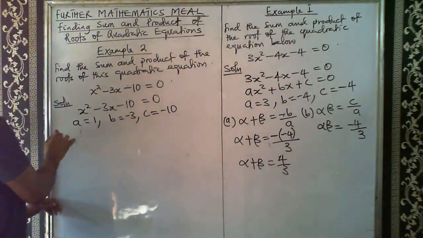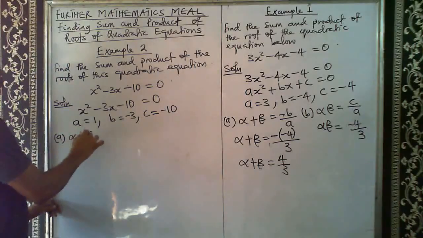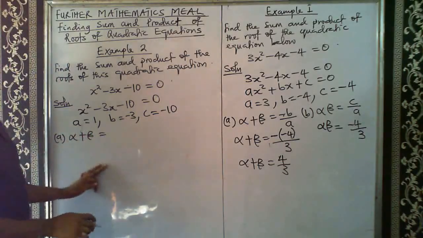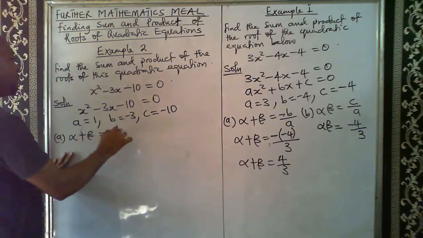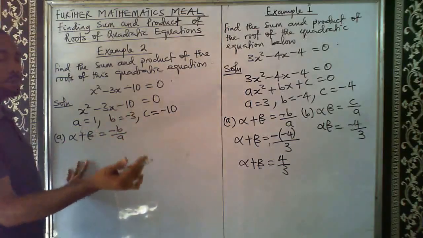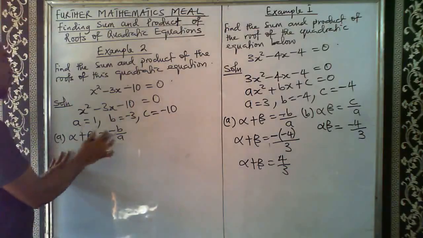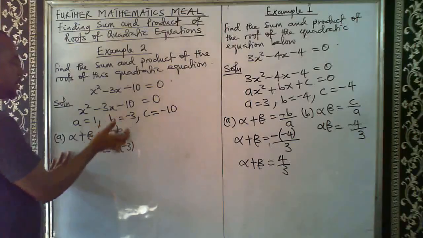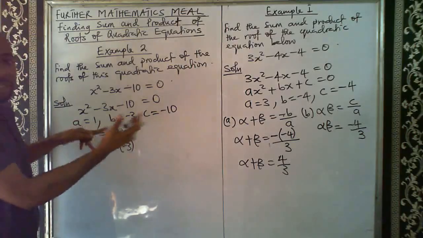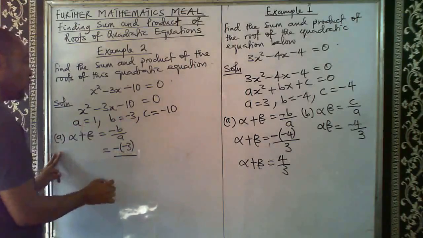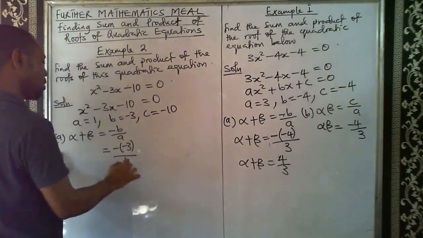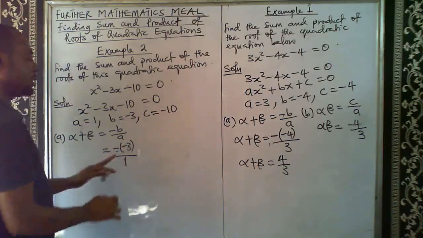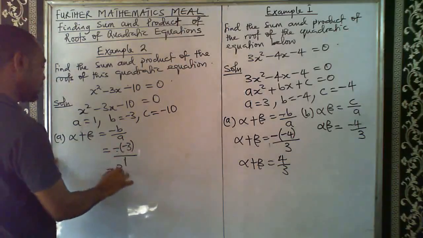So what is the sum of roots? Sum of roots here will give me minus b over a. That's the expression. So what is b? B is minus 3. So we have minus bracket minus 3. This minus is the one that is in the expression. All upon a. A is 1. Minus times minus is plus. So 3 over 1 is 3.